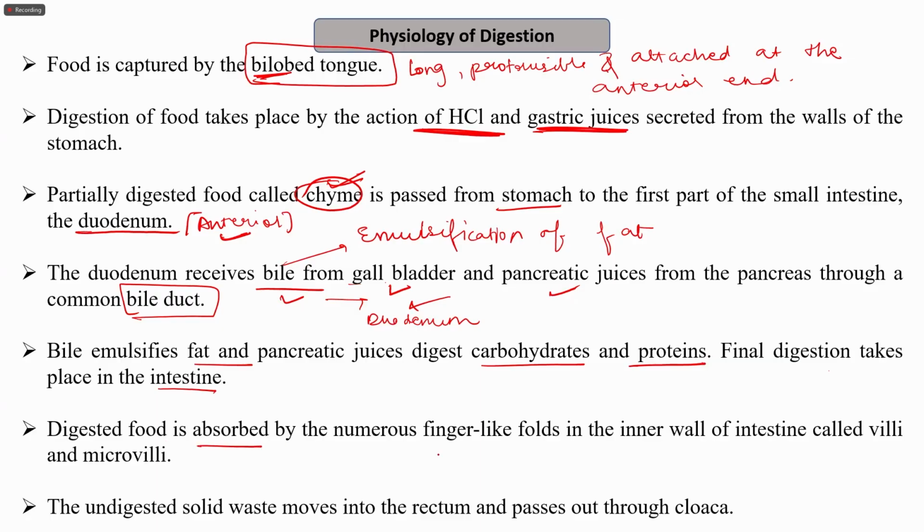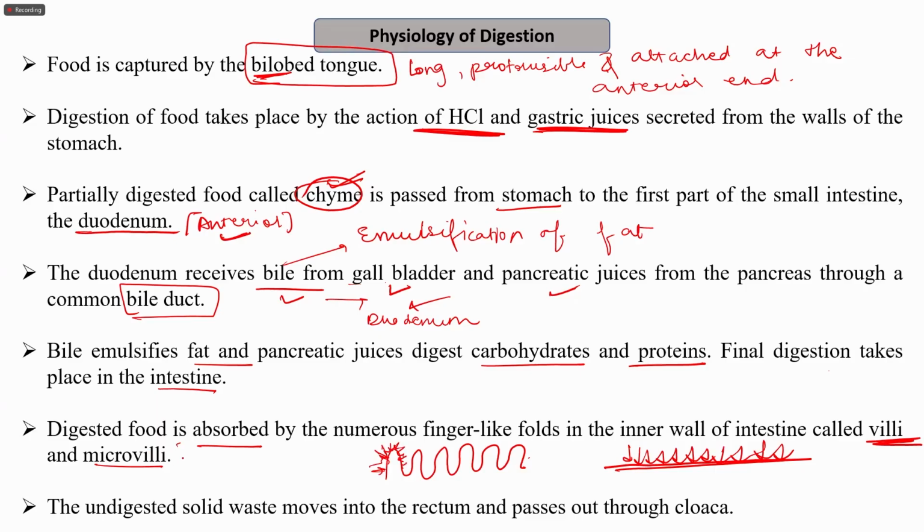Digested food is absorbed by numerous finger-like projections present in the walls of the intestine, called villi or microvilli. Why is it a finger-like projection? If instead it were a linear structure, absorption of food would take place only through that surface. But since it is a finger-like projection, absorption takes place through a much larger surface.